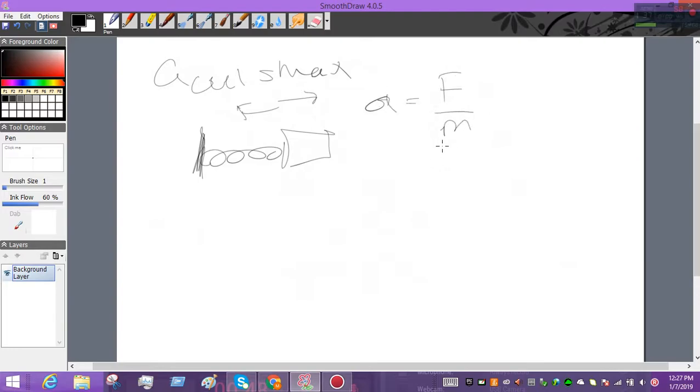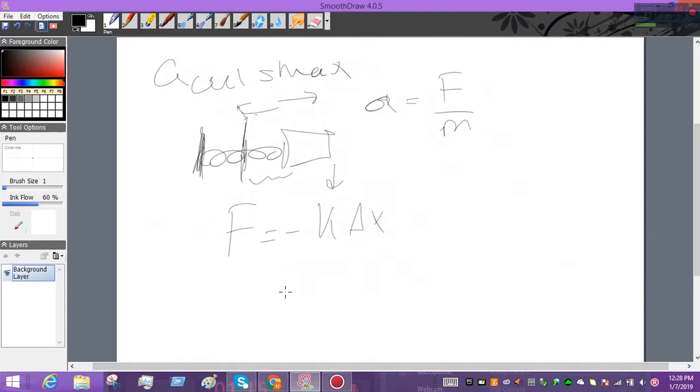The mass is going to remain constant, so to get the largest acceleration, we're going to need the largest force, right? If we look at the formula for the force of a spring, force equals negative k delta x. Using this formula, k is a constant, so we get the largest force with the largest delta x, where delta x is the distance from the equilibrium position.